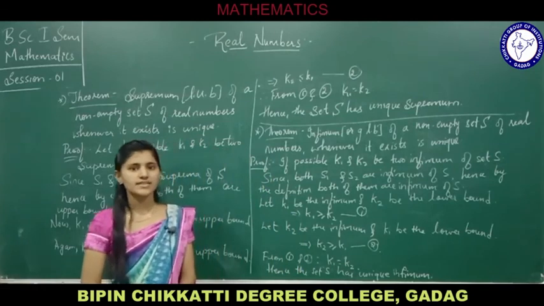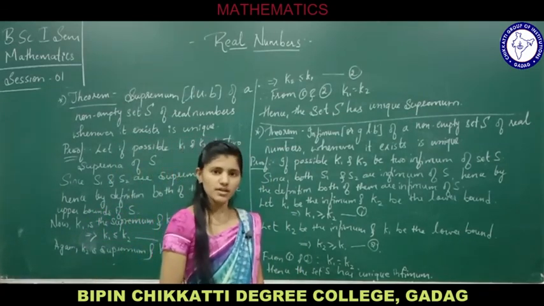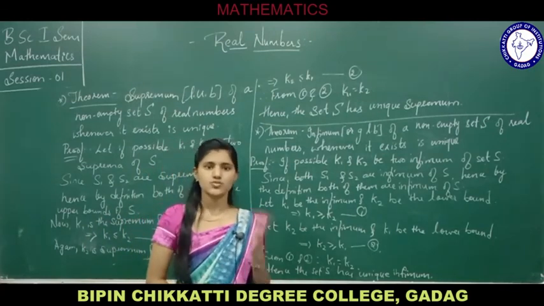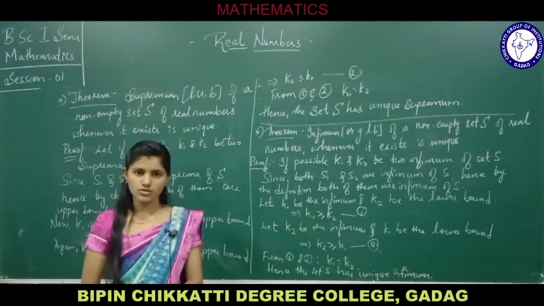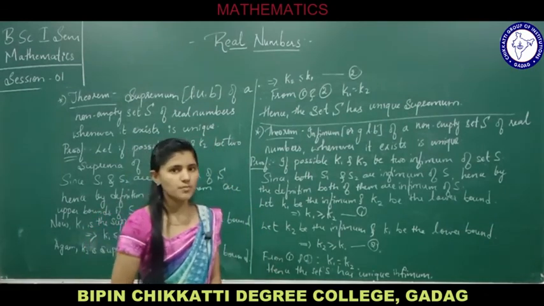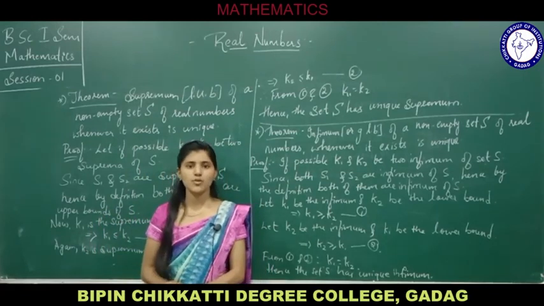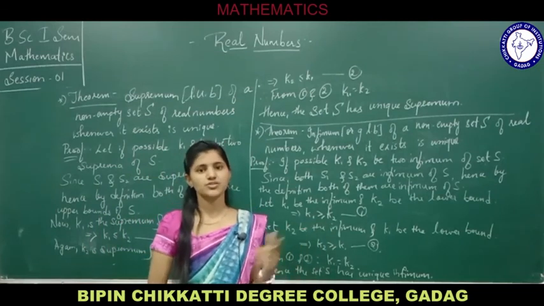Apart from that, we studied closed, open, and semi-closed and semi-open intervals. Soon after that, we studied sets bounded above and bounded below, the least upper bound, also called the supremum, and the greatest lower bound, also called the infimum. And then we proved these two theorems.